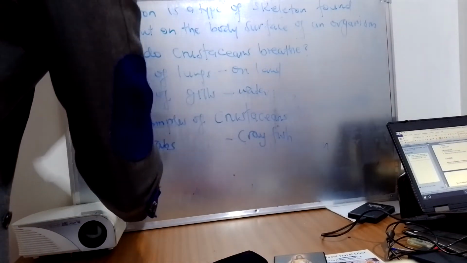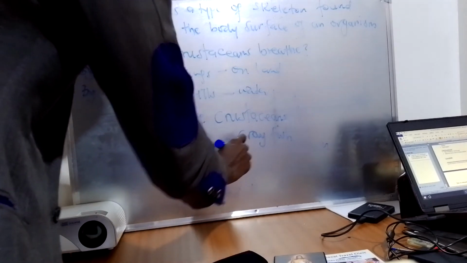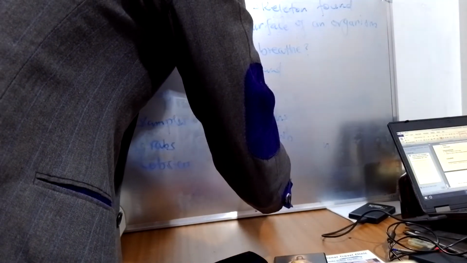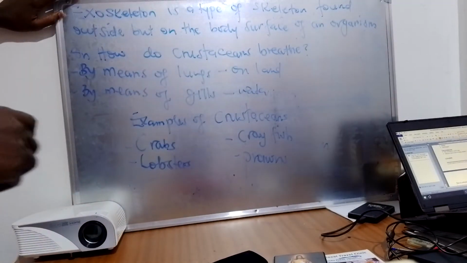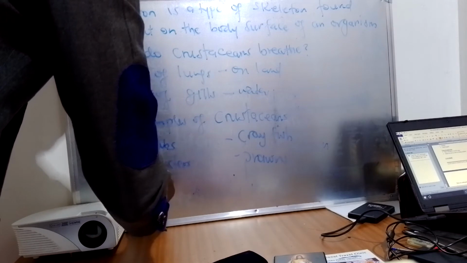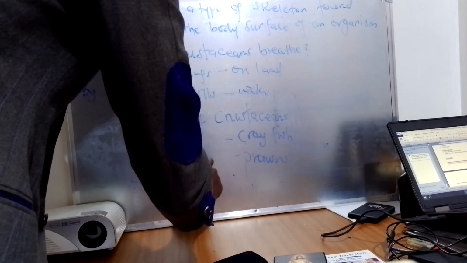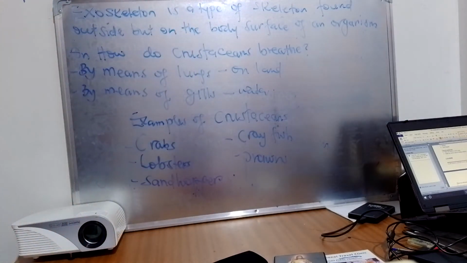We have lobsters. And then we have prawns, P-R-A-W-N-S. Then we have sandhoppers. These are the common examples of crustaceans.